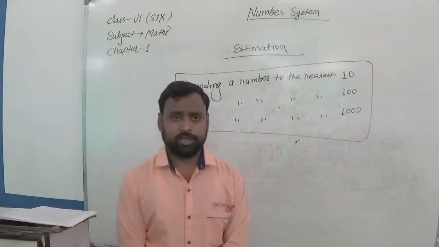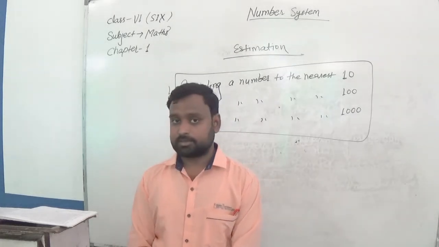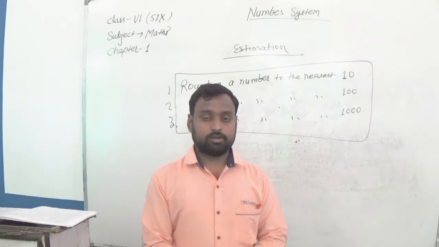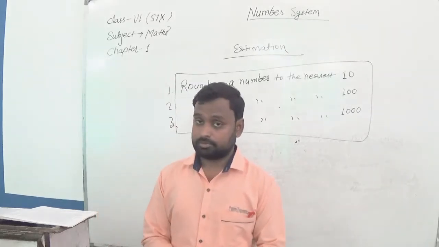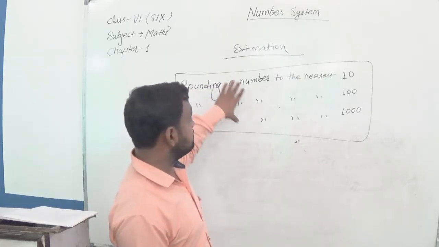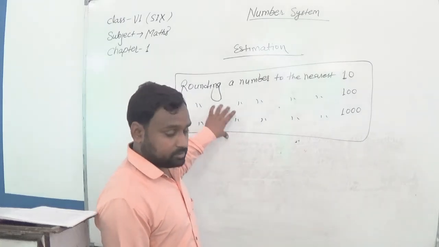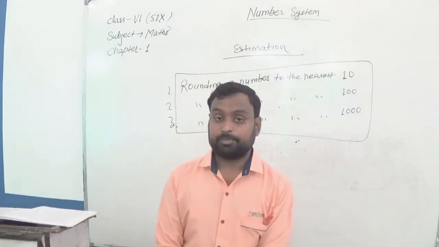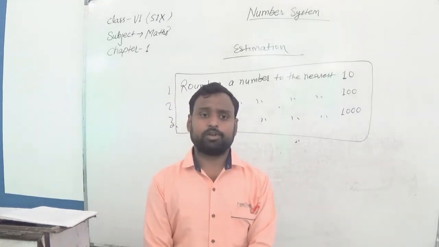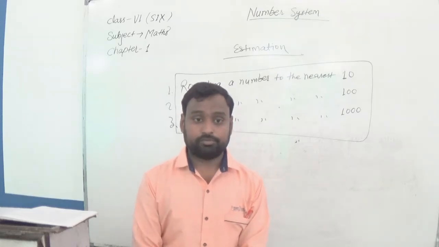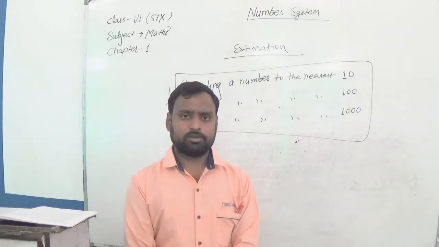Okay, the next thing we have to learn in this chapter is estimation. Estimation means guessing. Before that, we have to recall rounding off. You have learned this in your previous classes, in 4 or 5: rounding off a number to the nearest 10, to the nearest 100, to the nearest 1000.